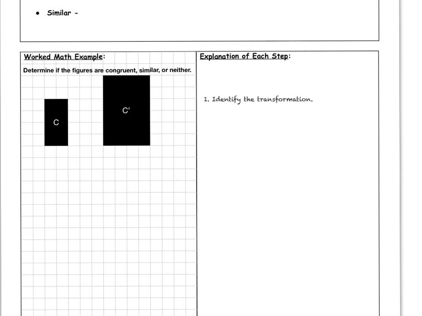So that means that we're actually going to be using dilation. We know that it's a dilation. Now we need to figure out by how much. How much bigger is figure C prime compared to figure C. After you do that part, you need to follow the same steps as we did in the first problem.